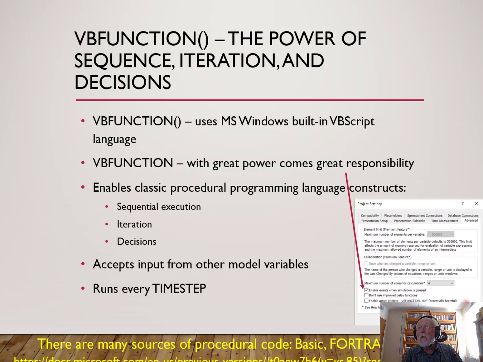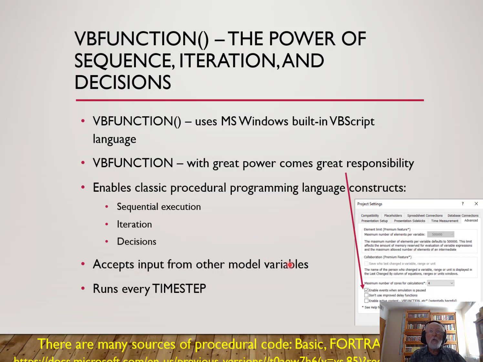So your clients need to trust you. You need to place some trust in models you're getting. You might not want to run them immediately. You might want to check out what people have built into VBFunction. But if you use it, and I do, it enables the so-called classic procedural programming language constructs of sequential execution, iteration, and decision making.